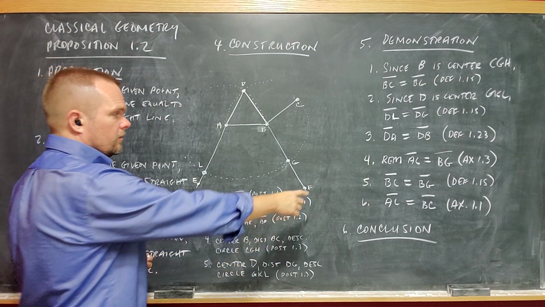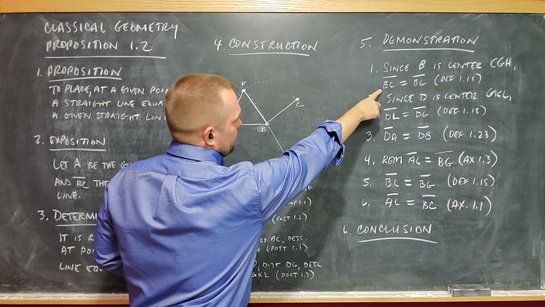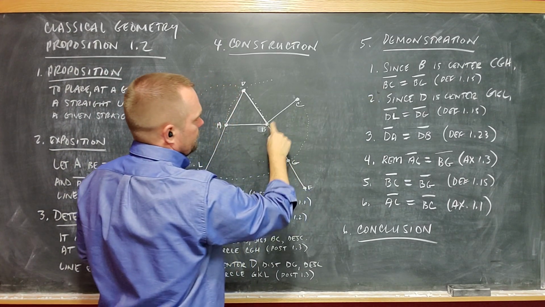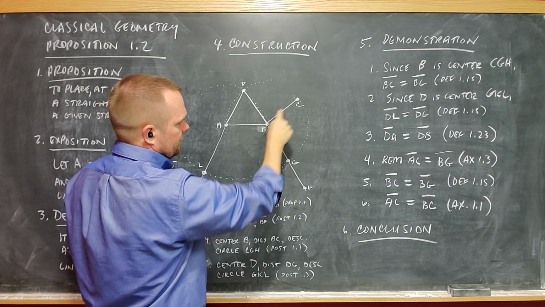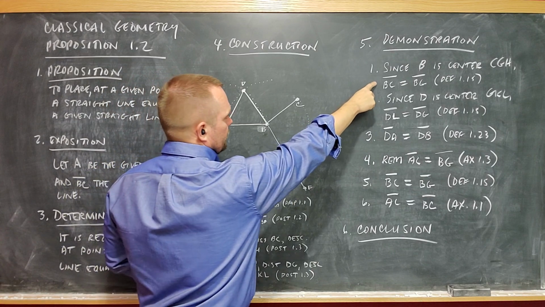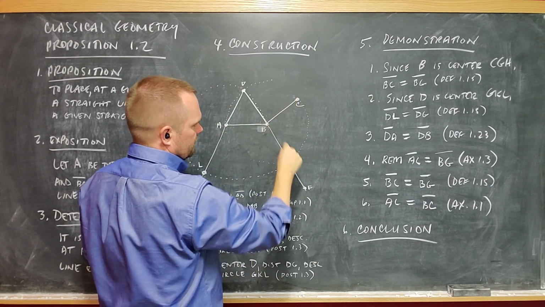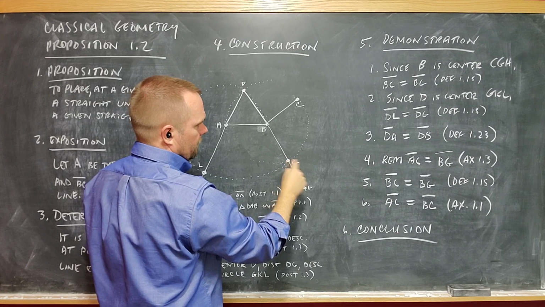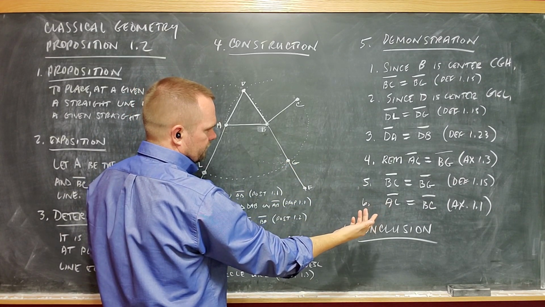Now, point 5 here is just a reminder, because we already said in point 1 that BC is equal to BG. BC is equal to BG because they're both lines from the center to the circumference of the same circle. We're simply restating that here in point 5 as a reminder.